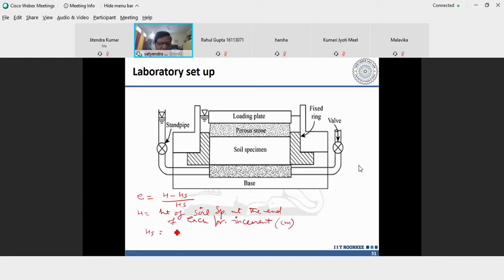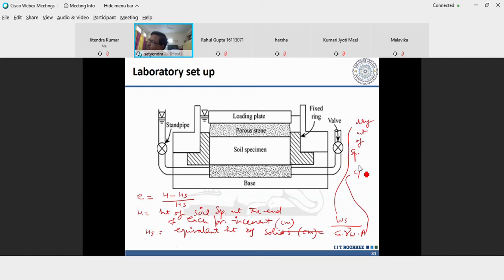And Hs is the equivalent height of solids, expressed as Ws upon G gamma w into A. G you already know is the specific gravity, Ws is the dry weight of the specimen, A is the cross-sectional area of the specimen, and gamma w is the unit weight of water in gram per cc.